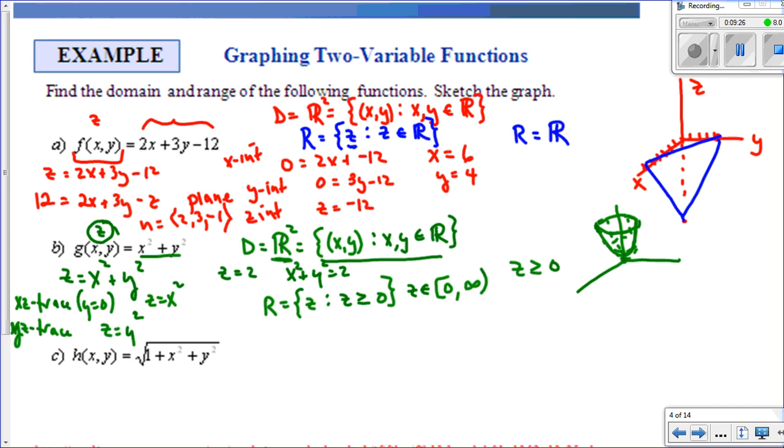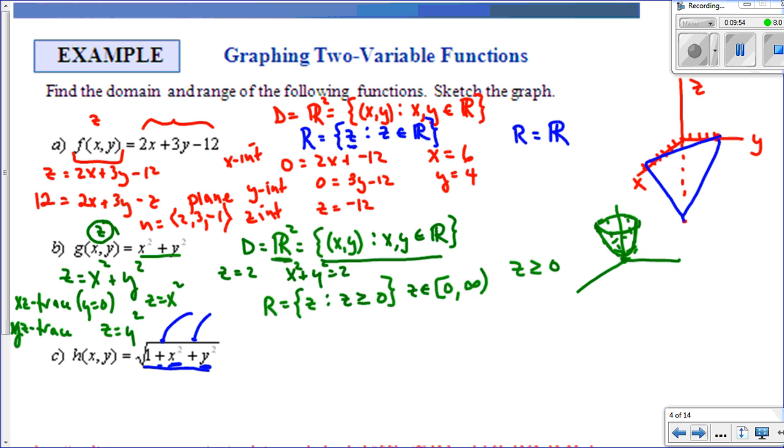Okay, so now the last one here. Let's look at the domain. What possible x and y's can I put in here? Now, we have to deal with the radical, but because it's pluses, even if you put negative numbers in here, these two terms, the x squared and the y squared, will be positive, but we're adding them.